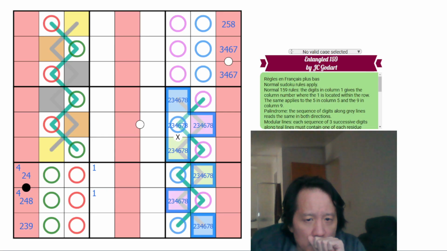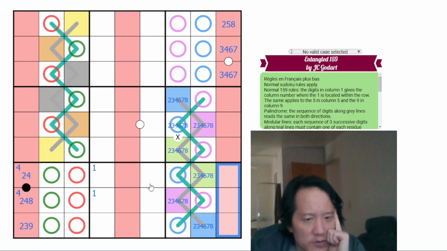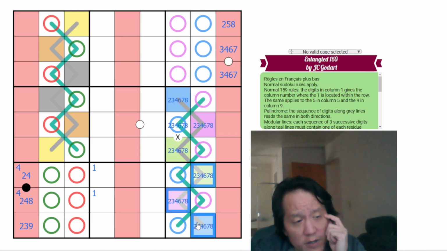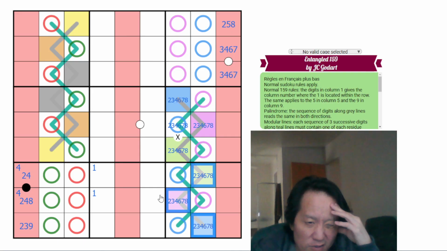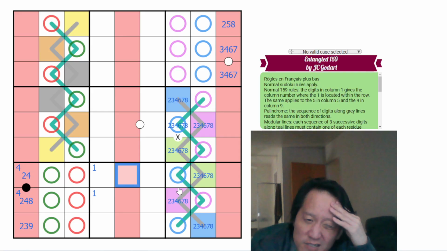Maybe we can tell something with this. So 5 cannot be any of those spots. 5 could be a lot of things. 5 cannot be any of these spots. Oh. So if this was 9, this would have to be 5.